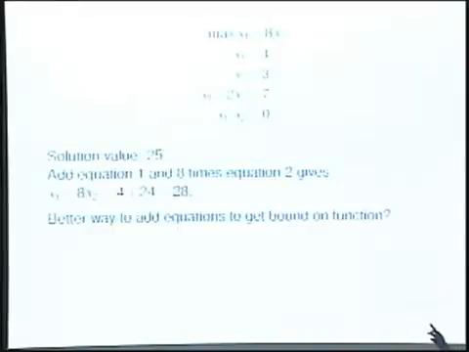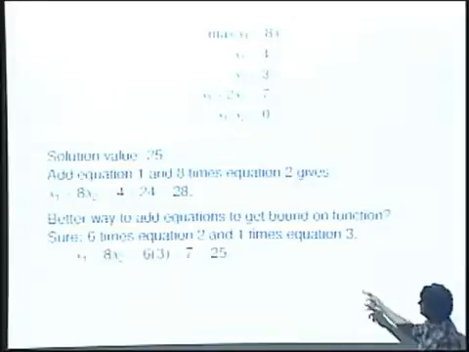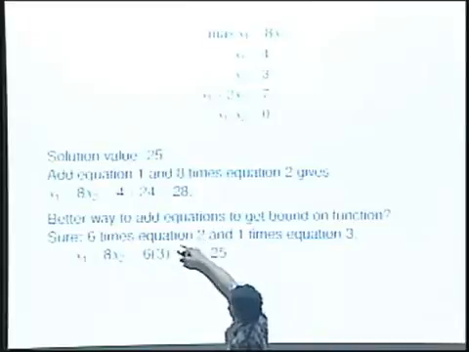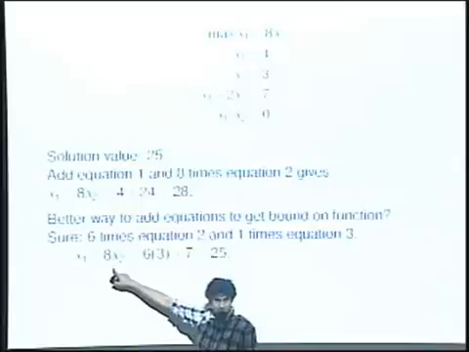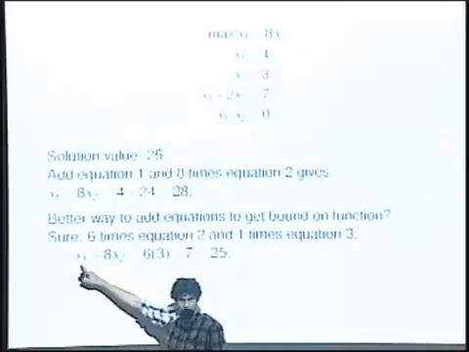Is there a better way to add equations to get a bound on the function? And we just derived it: 6 times equation 2 and 1 times equation 3. 6 times equation 2 would give you 6 x2s, and 1 times equation 3 gives you 2 x2s, so you get an 8 x2 here. And 1 times equation 3 gives you an x1.